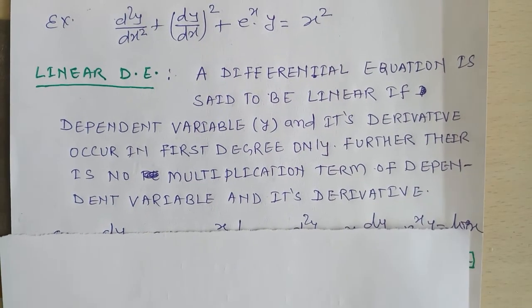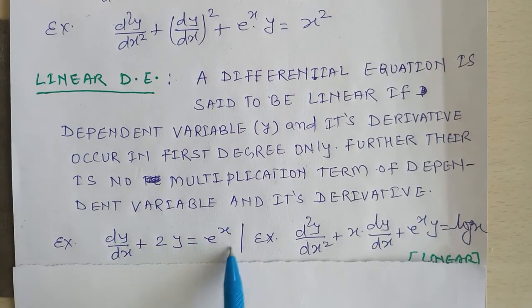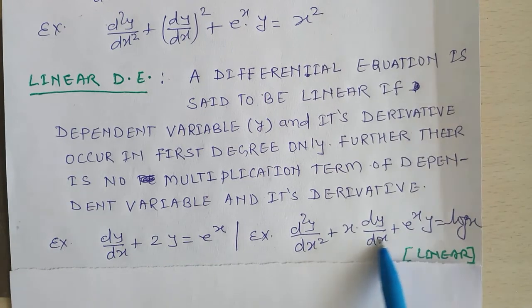For example, this is a differential equation: dependent variable y power 1, first derivative dy by dx power 1, and there is no multiplication term of y and dy by dx. So this is a linear differential equation of first order. In this example, this is a differential equation.